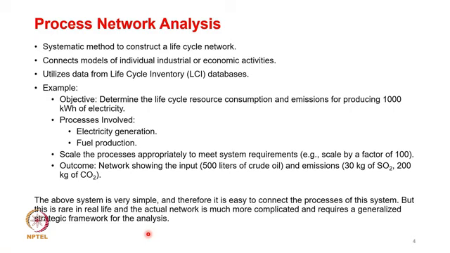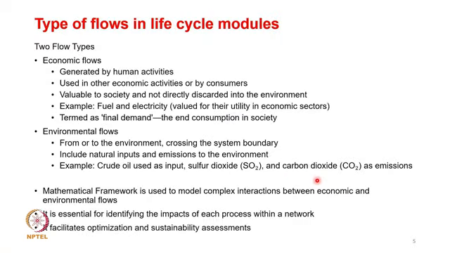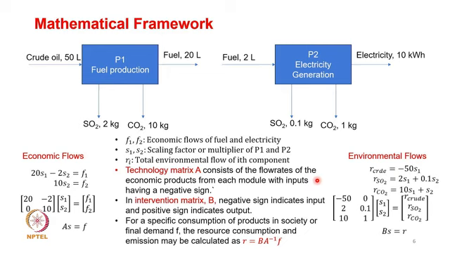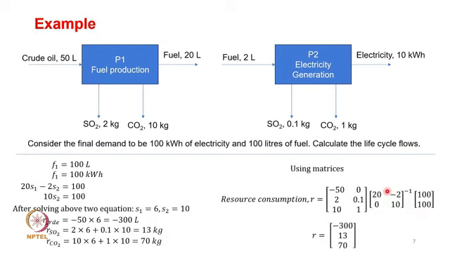Where is it? Yeah, it's at this point. So what I am trying to say is that this is now a generic network. You don't have to do any heuristic steps to calculate. You will have to isolate the economic flows and environmental flows, compute the technology matrix and intervention matrix, and just solve them in one shot.